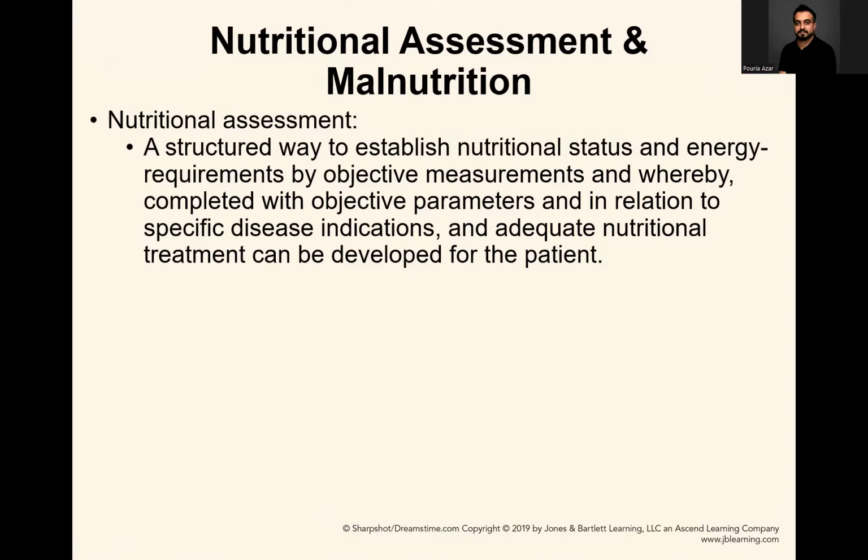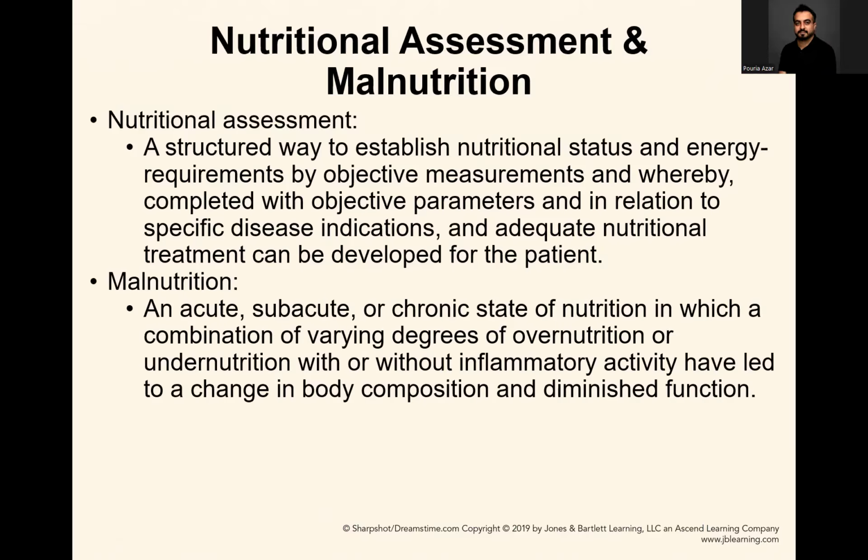The main purpose is to find any nutrition-related problems and the etiology for different diseases by conducting nutritional assessment. And malnutrition, again, we already defined malnutrition, but here we have another definition. Malnutrition is an acute, subacute, or chronic state of nutrition.